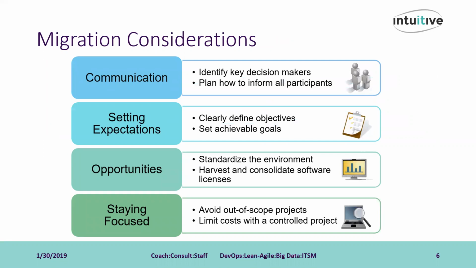Okay, migration considerations. So along those same lines of project management, we want to ensure that the project planning is thorough. Using these four pillars as the guidelines for the migration are our cornerstones for helping and facilitating the planning phase. So first is communication.